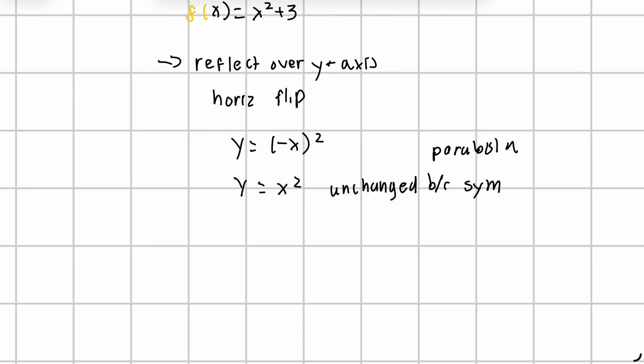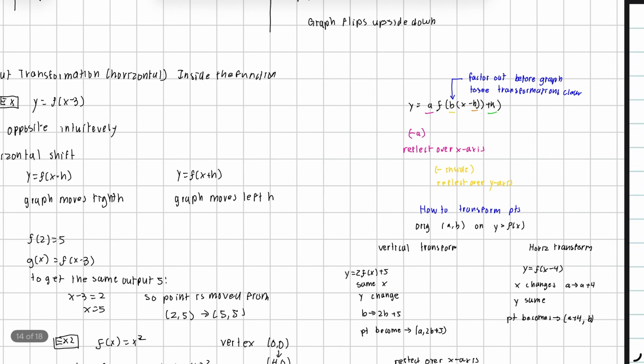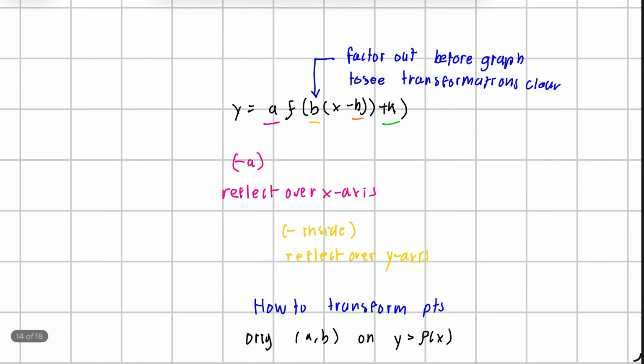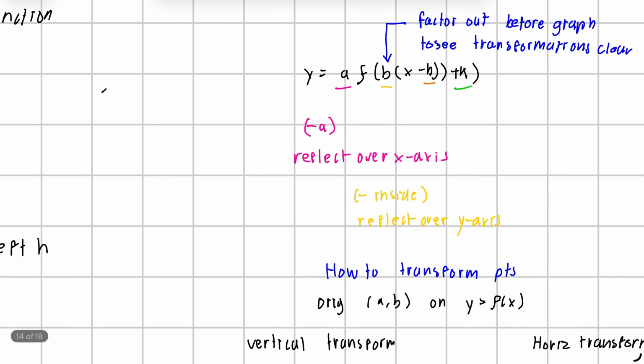So what about the order that you do transformations? Well, when you do transformations, usually you want to do your horizontal first, and then secondly, you want to do vertical stuff.